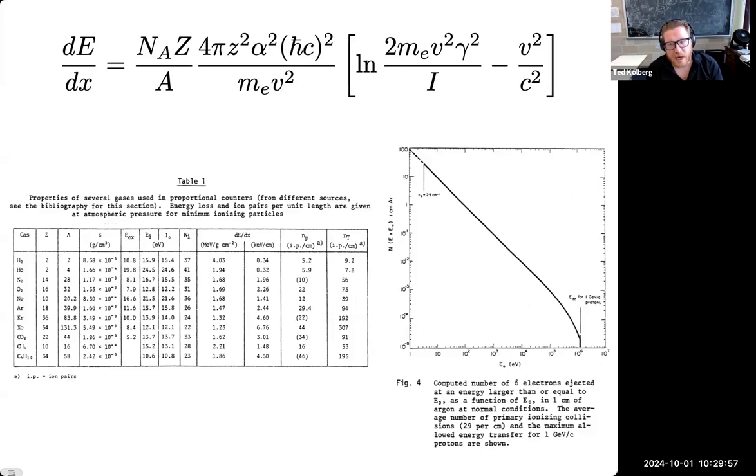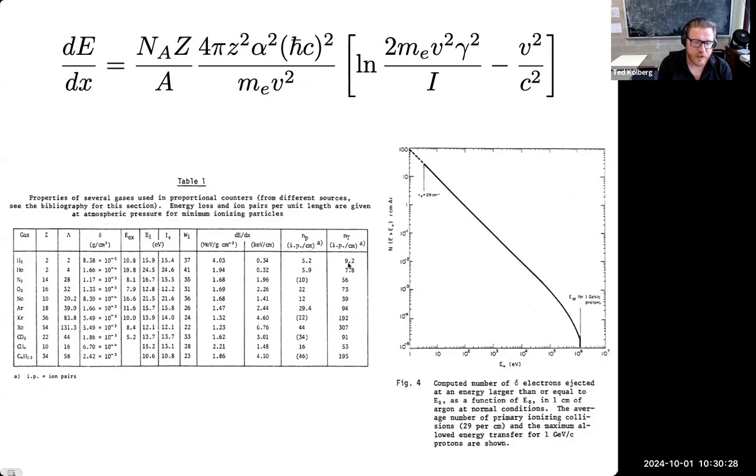So you can start to get an idea of how much energy is lost. For very high energy particles of GeV, this is totally insignificant. But if you're doing nuclear physics with one of these counters, that may be a significant fraction of the incident particle energy. One thing that I think is interesting is that when you think about these ionization processes, I at least don't have a good intuition from first principles of how many ions per centimeter are actually produced by a relativistic particle traversing the gas.